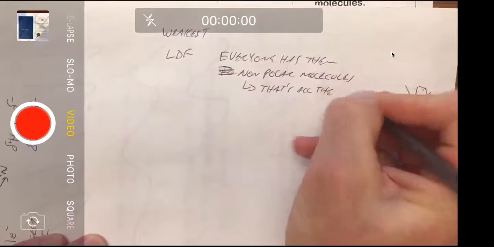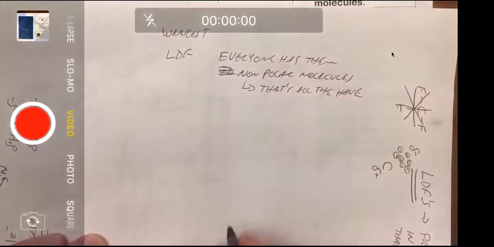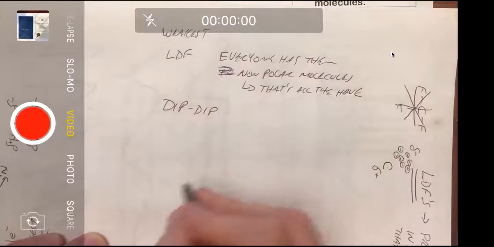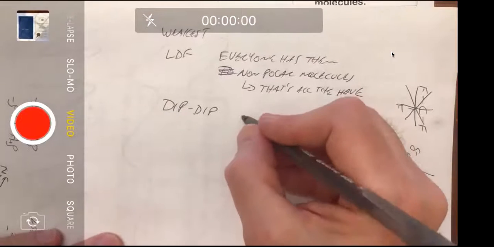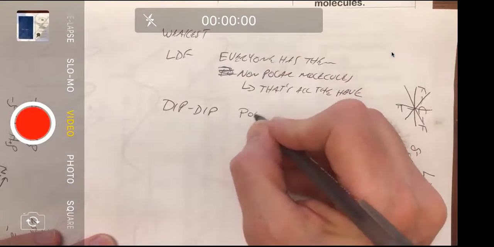There's no other intermolecular force. Dipole-dipole are sort of the middle of the road, all right? And the only ones that have them are going to be polar molecules.